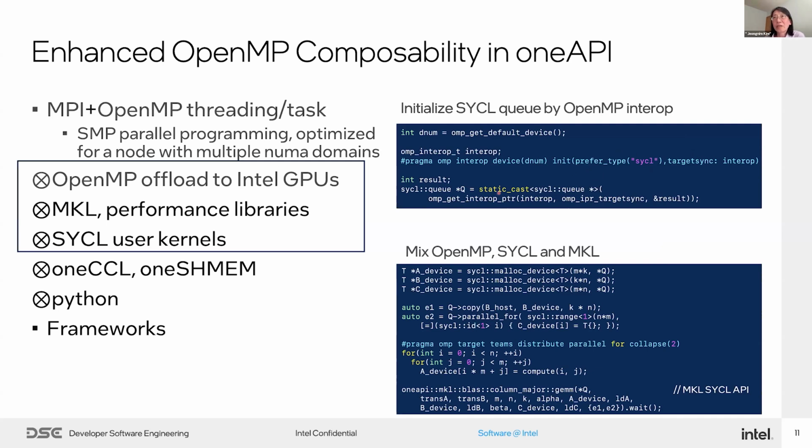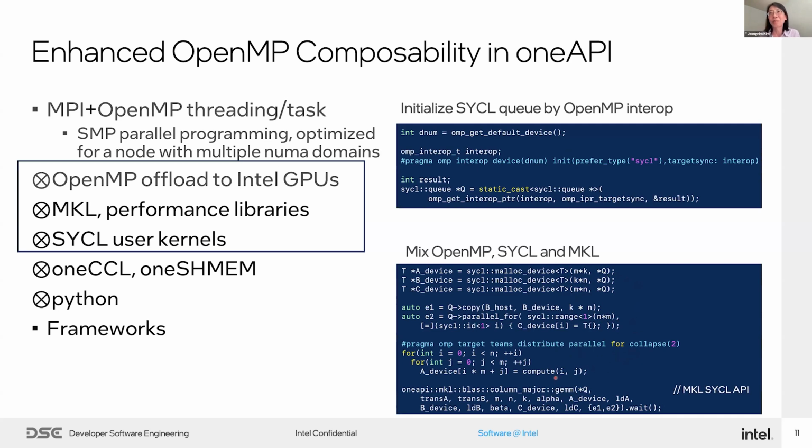And once you create the SYCL queue, then using it will be straightforward. You could easily use the allocations from SYCL, and then you can move the data and execute the kernel. I happen to have a very complicated code I have developed over the years using OpenMP.